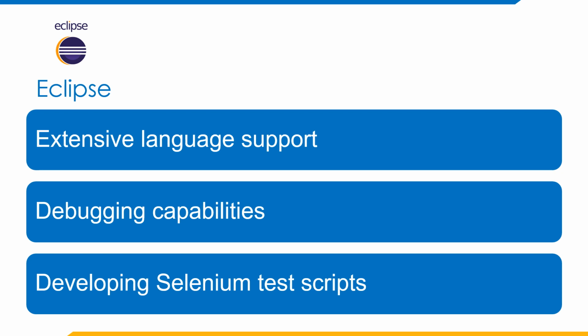It helps in writing, organizing, and running tests for finding problems or bugs in the software, making sure everything works smoothly. Coming to the next slide, let's discuss about Selenium and why it is used in automation.